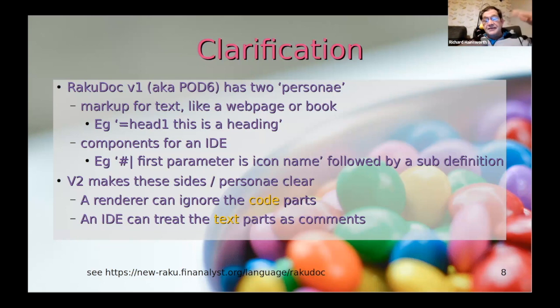You just want it treated by the RakuDoc program as a comment. And therefore the IDE can simply color it, if it's doing syntax highlighting, as commentary. So the first thing we did in version 2 was to make these two personas, or these two aspects of RakuDoc clear. So there is a code part and there is a text part.